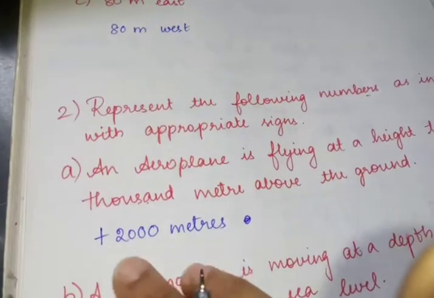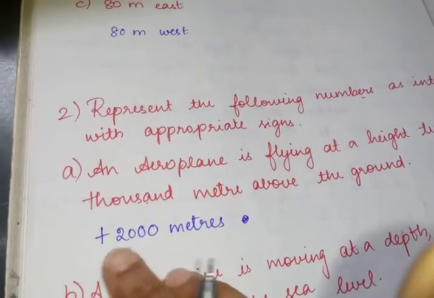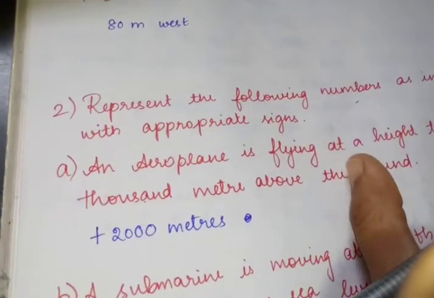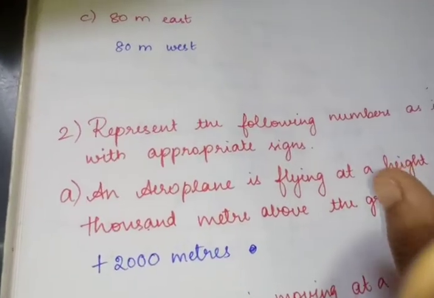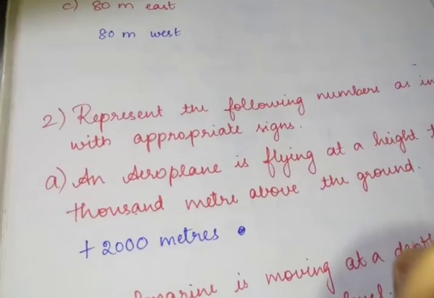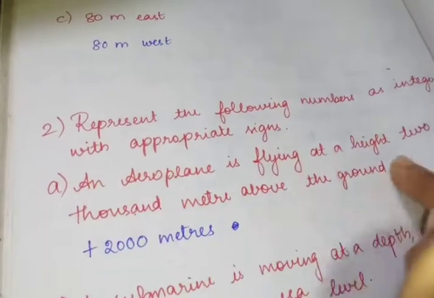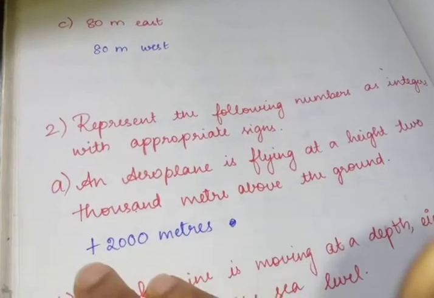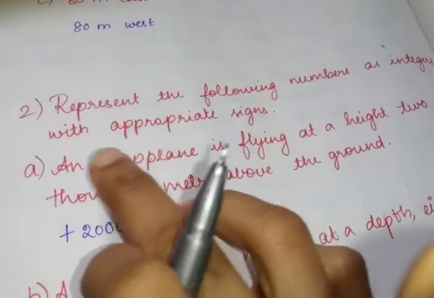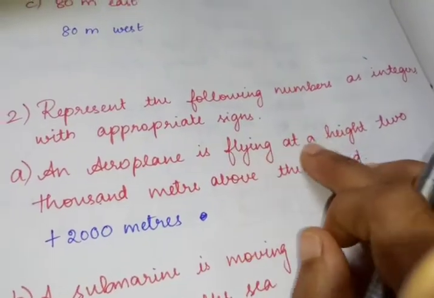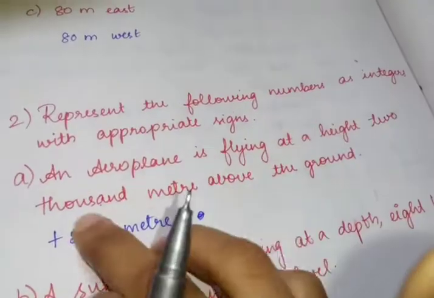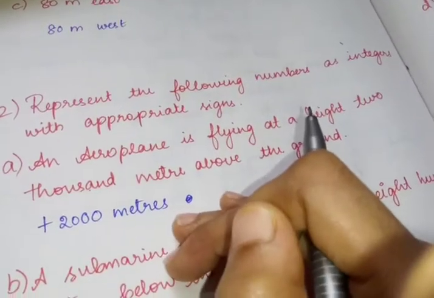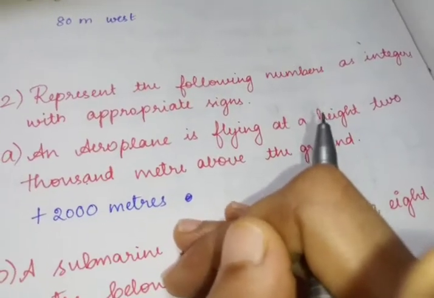If the question is given like that, you should read the statement and write the integer based upon the sign. So plus 2000 meters is your integer here.